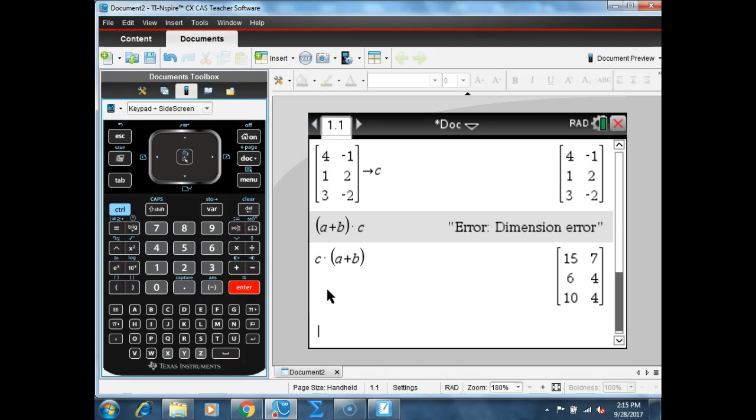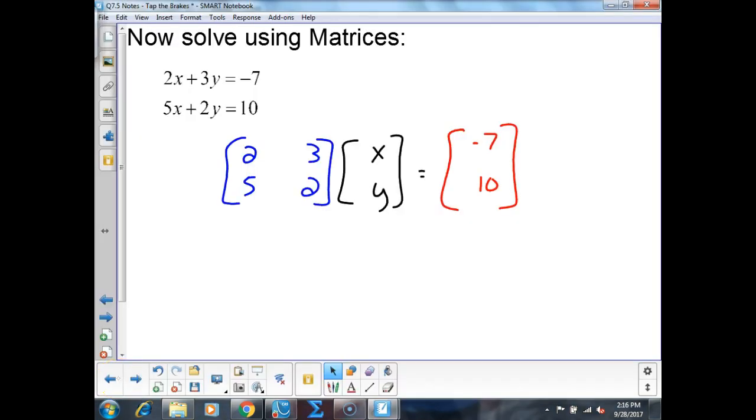Okay? So we just wanted to give you a brief exposure to the different operations that the matrix can do. When we're solving using matrices, we can set up our matrix equation. We can use the calculator to then find the inverse of that first matrix.